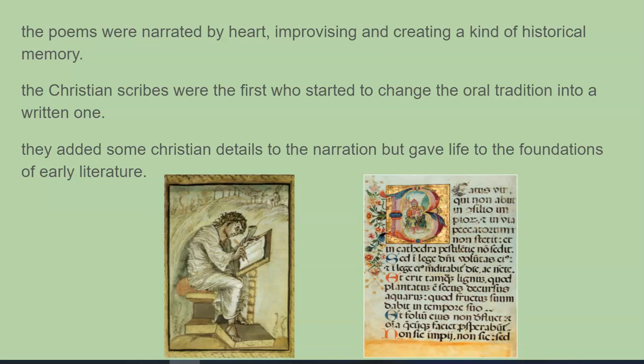And the first to be interested, with the precise objective of writing down these stories, were the Christian scribes. They were mainly monks, and they started to transform what had been the oral tradition into a written one.